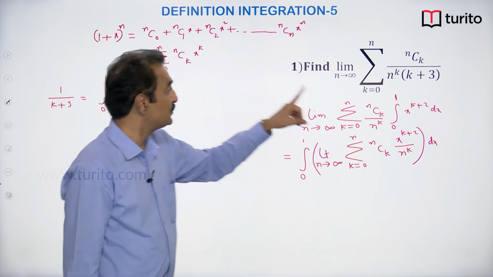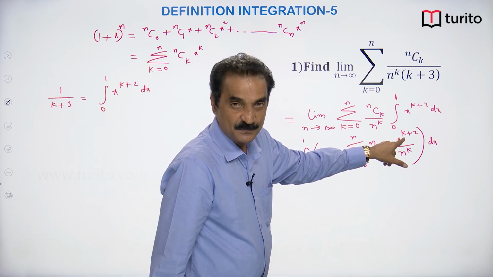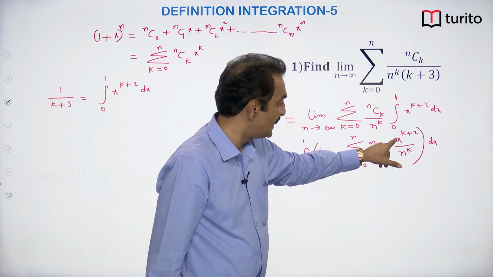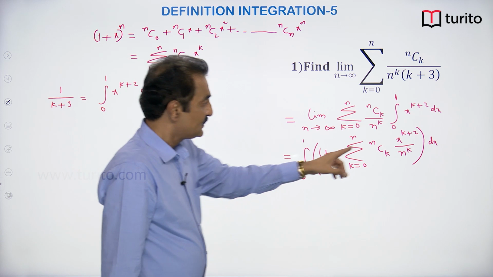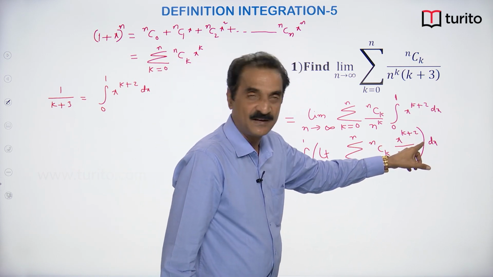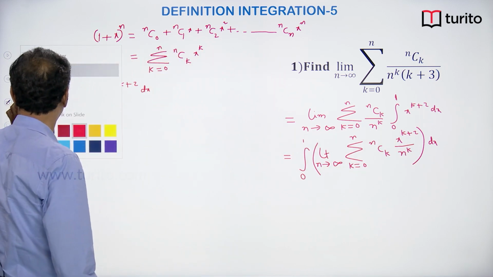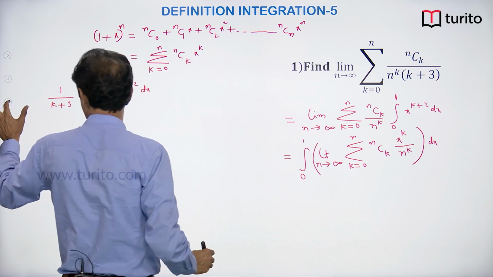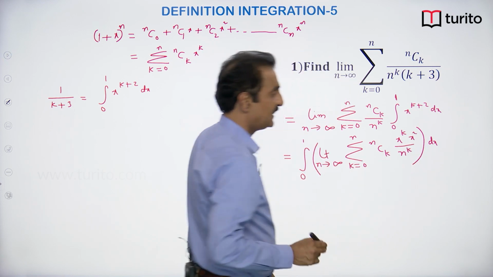Now, if I want to use this binomial theorem, the problem is if it is x power k, then n power k can be written as x by n whole power k, we can use this result. So, there is power 2 extra. So, I will separate x square from this, and write x power k plus 2 as x power k into x square.